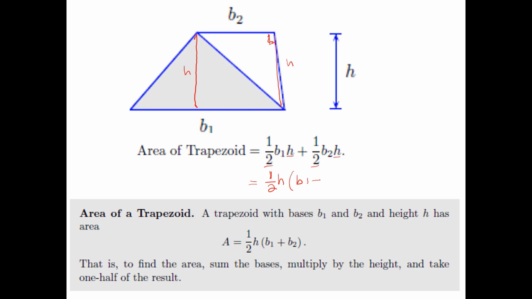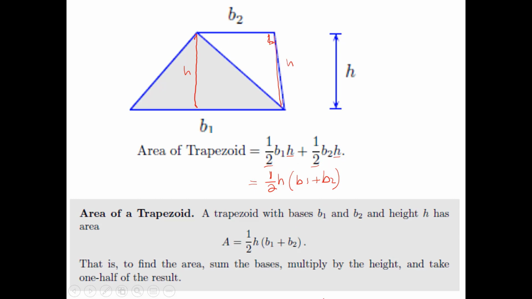We can write this like 1/2 h times (b1 plus b2). And we know this is right because if we distribute this to the parentheses, we will get the same as we had here: 1/2 h times b1 is this one, and 1/2 h times b2 is this. This is why we can write the expression like this, and this is the area of the trapezoid.